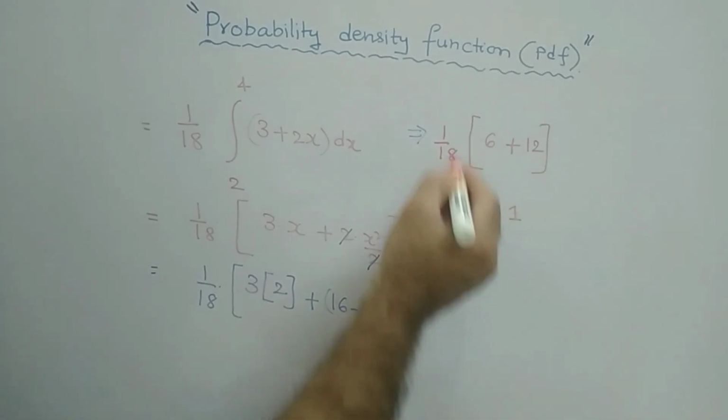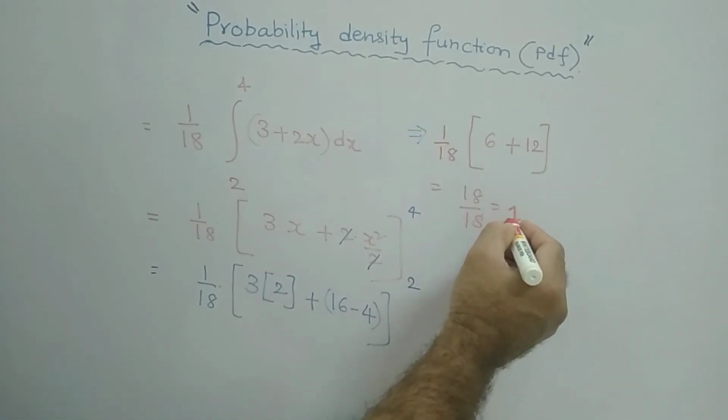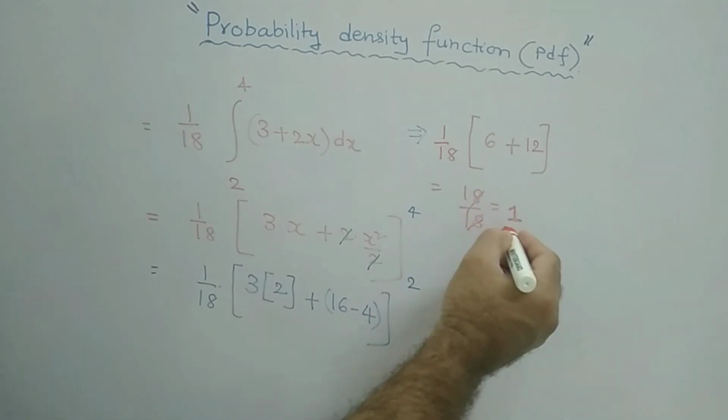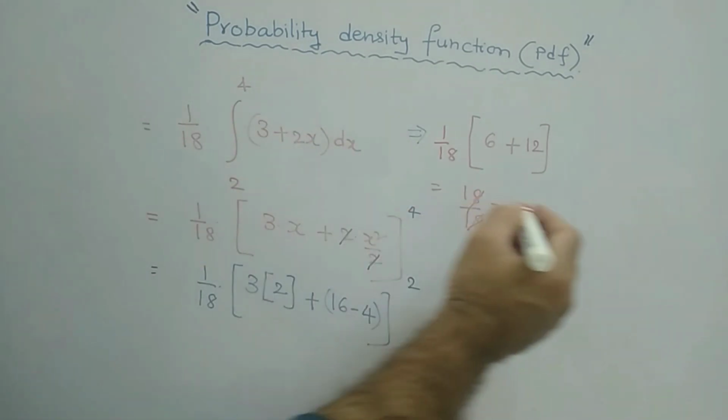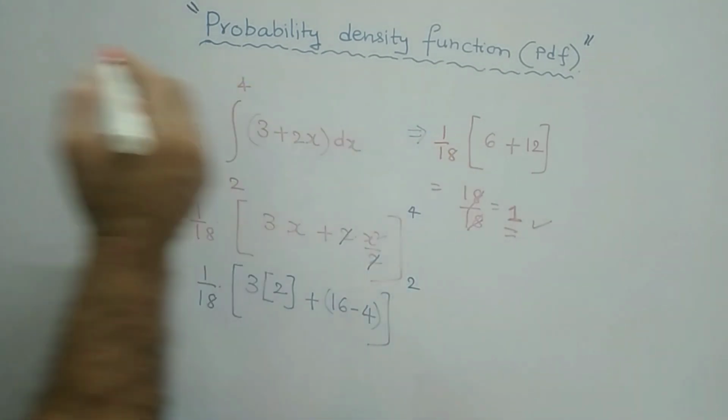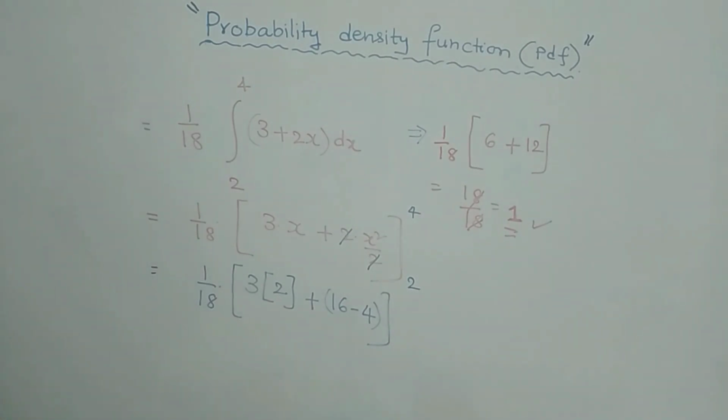In the previous step we missed that 3, so it is 1 now. Therefore your integration became 1, so you can say the given density function is a valid density function. This is how we need to solve the problem, right?